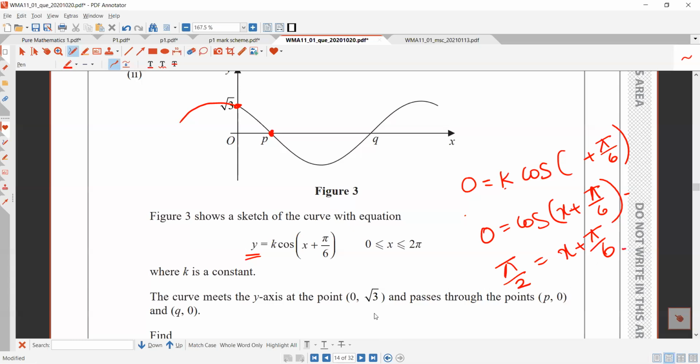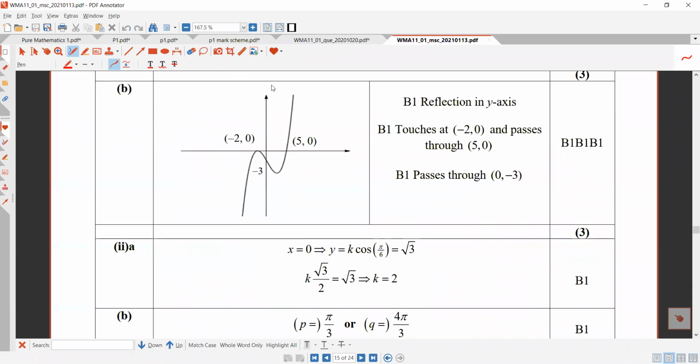Okay, can you do pi by 2 minus pi by 6? Pi by 2 minus pi by 6, how much is it in your calculator? Pi by 3. See, it is pi by 3. It is pi by 3.